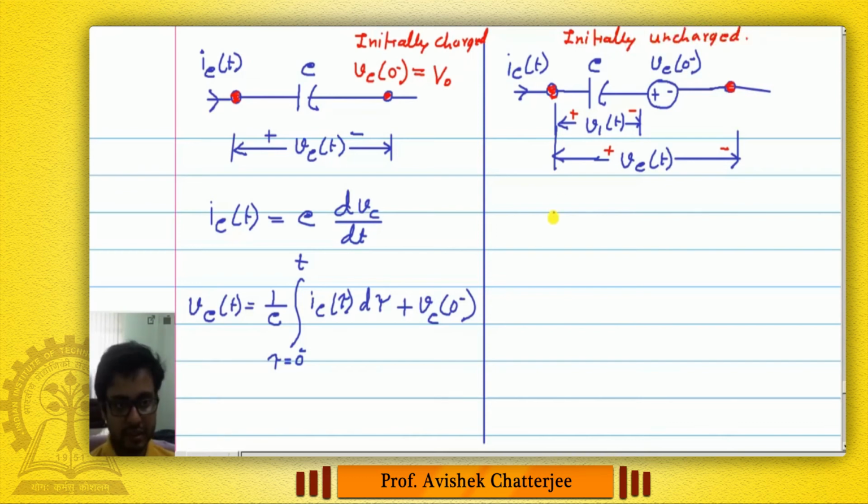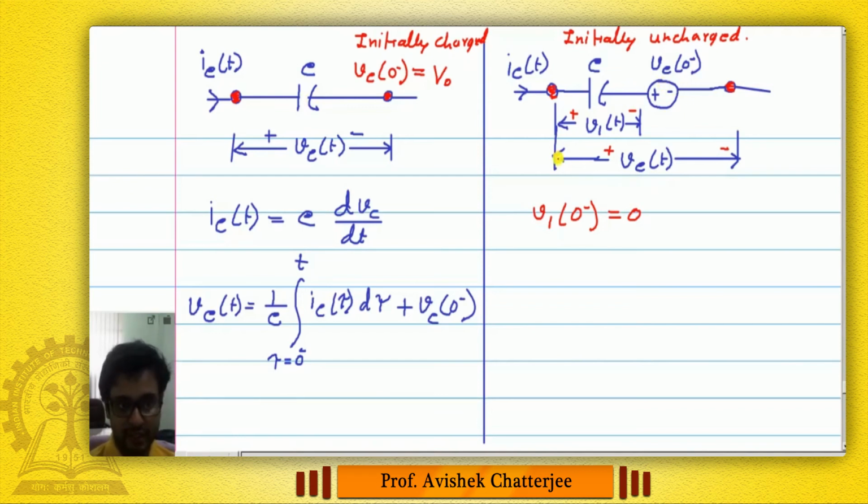That means V1 at time 0- is equal to 0. But we have this voltage source in series. Now from outside of this terminal or this terminal, you cannot distinguish between this initially charged capacitor and this combination.